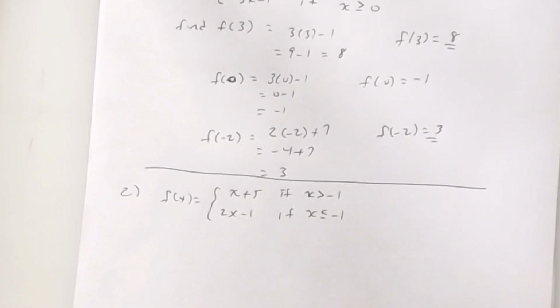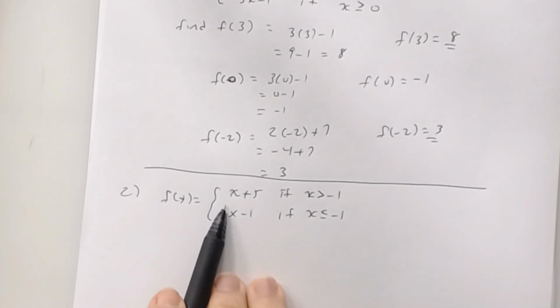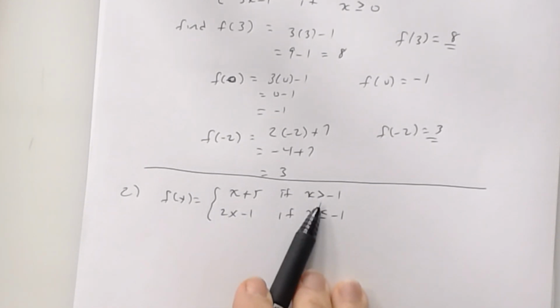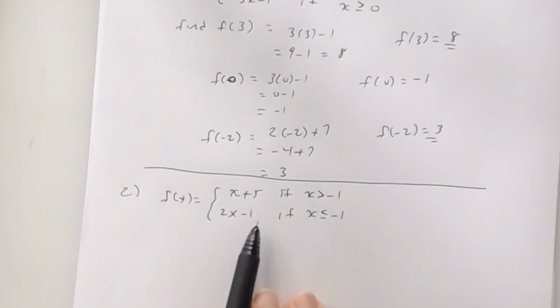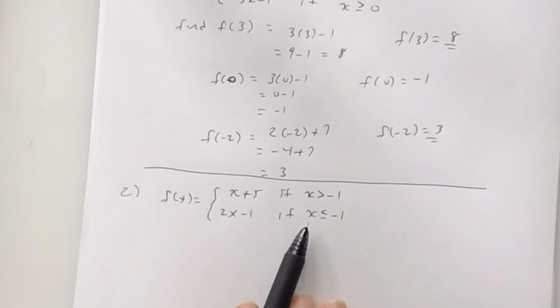So again, when you evaluate this function or graph it, it matters what part of your domain you're using. I'm going to use the top function if my x's are greater than negative 1. I'll use the bottom one if my x's are less than or equal to negative 1.